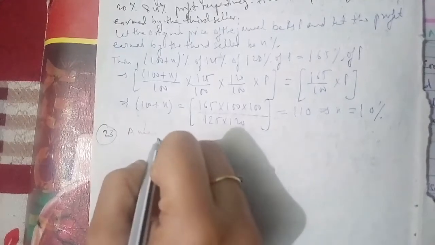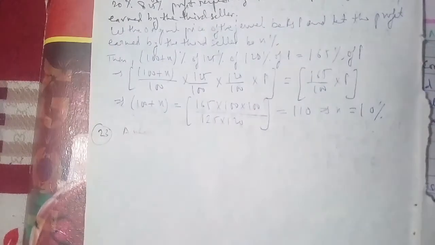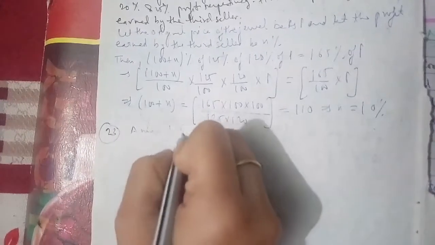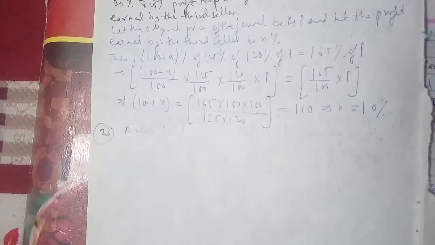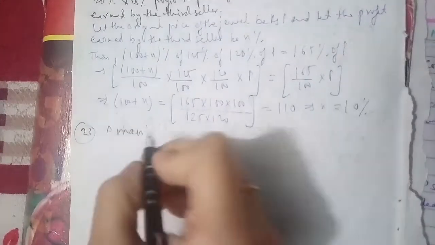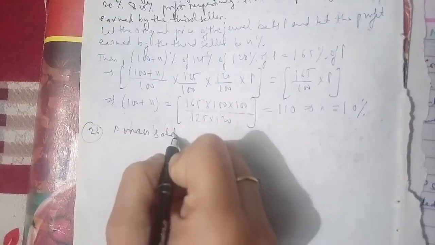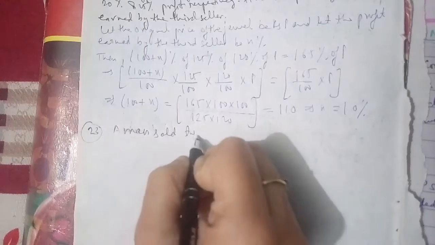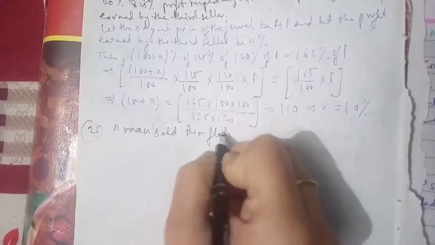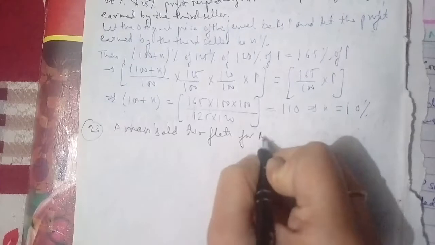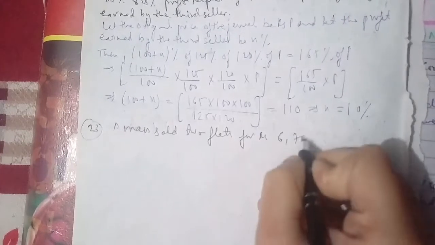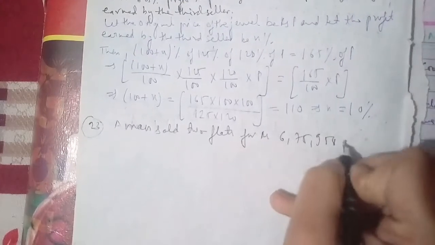A man sold 2 flats for rupees 6,75,958 each.